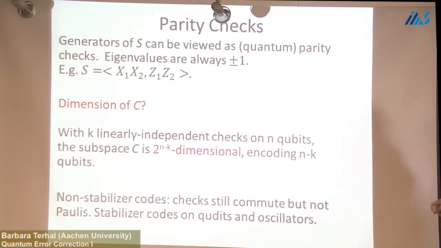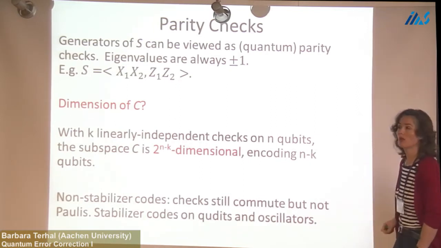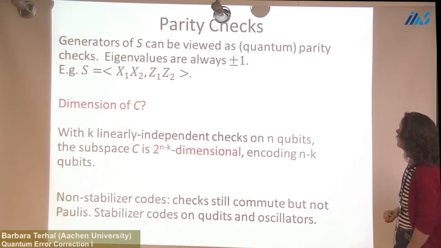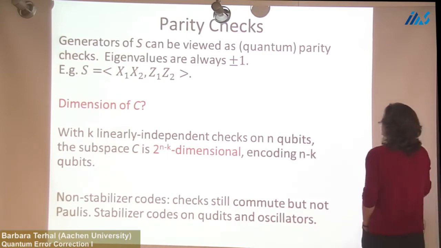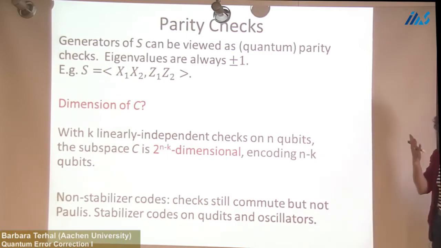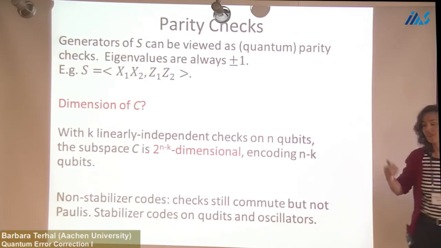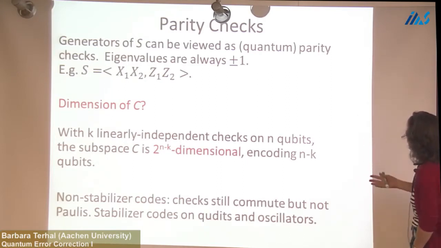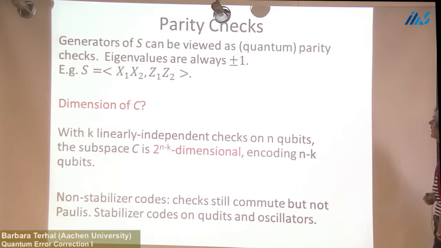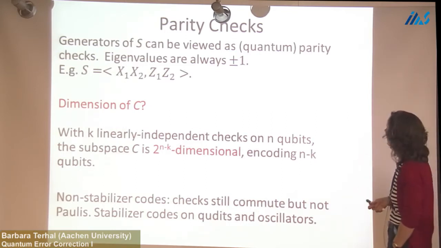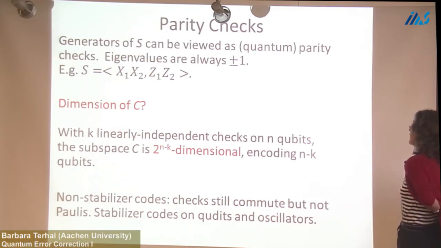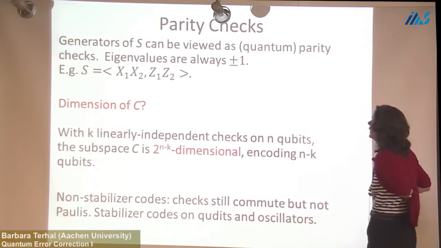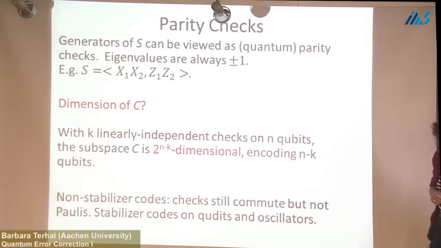Now, a few more things about this structure. One can view, and this is maybe if I've been talking to a group of experimentalists to convince them of the simplicity of this structure, the generators of S, which of course are not unique, I can write all kinds of generators down, as parity checks.